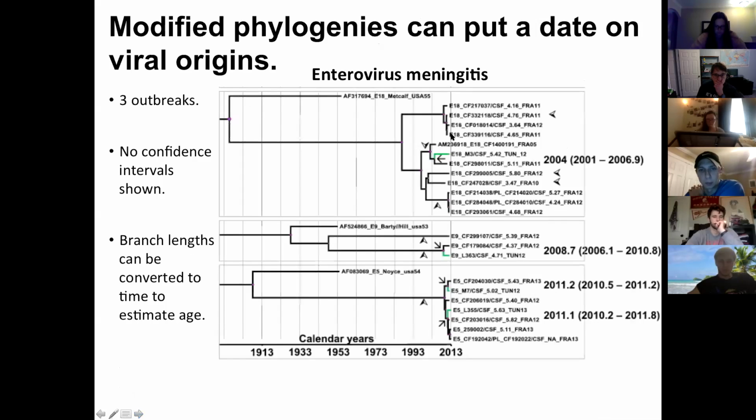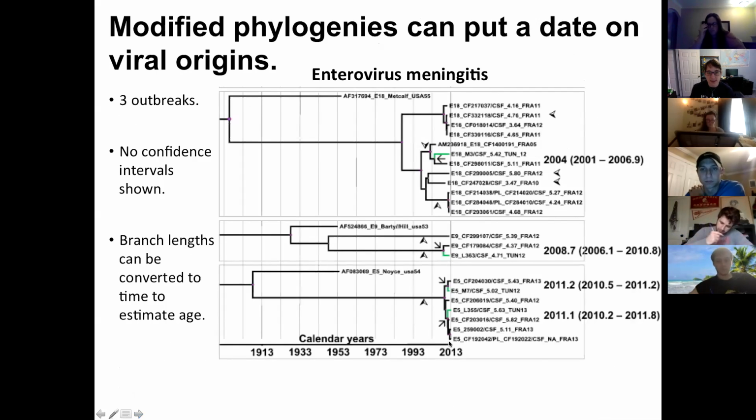okay. So this particular virus is an enterovirus. It causes meningitis. And so this is a really cool one because they looked at, if you were to play with my image in PowerPoint, there's actually 4 different phylogenies dated by an outbreak. So these are 3 different outbreaks shown here. One of them estimates the outbreak in 2004 with errors of 2001 to 2006.9.